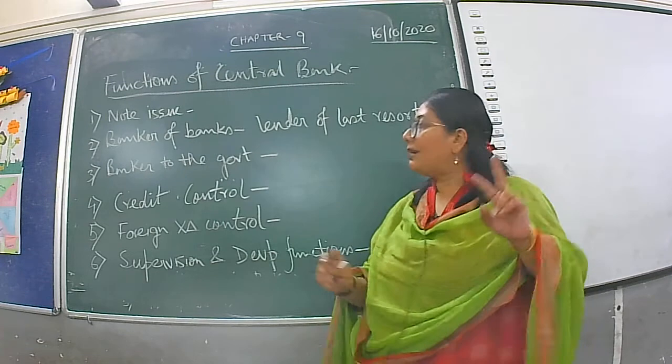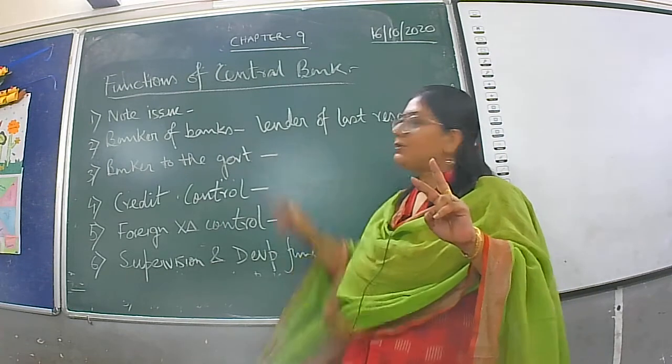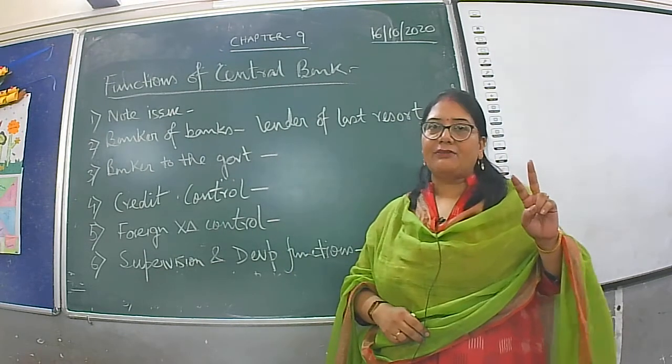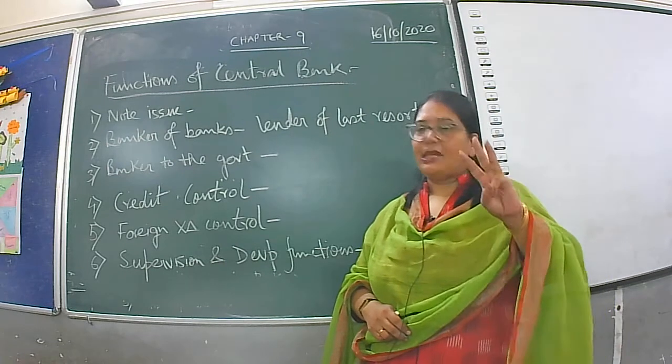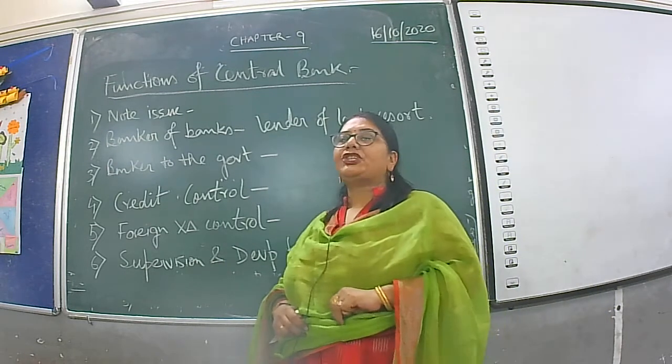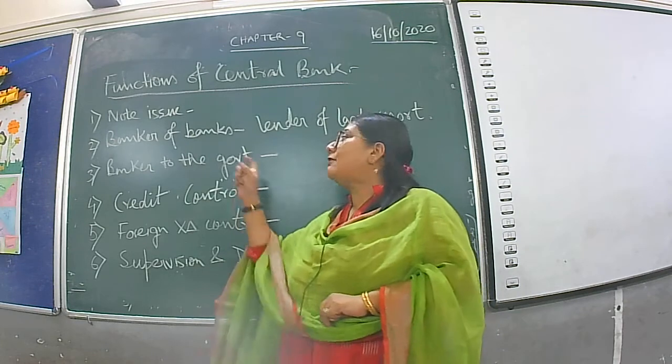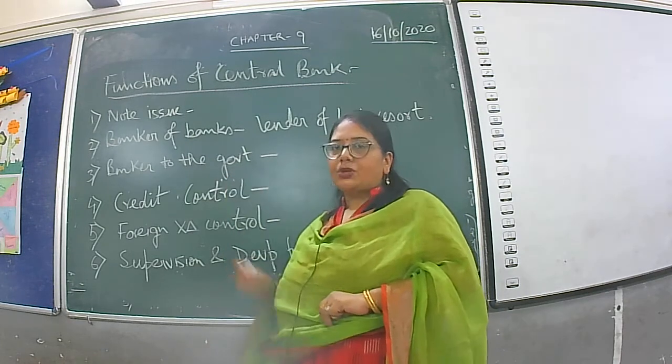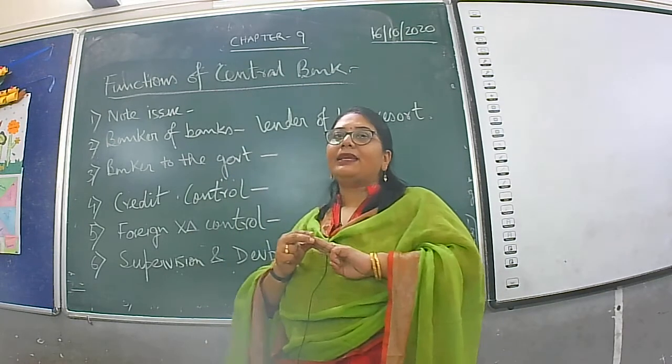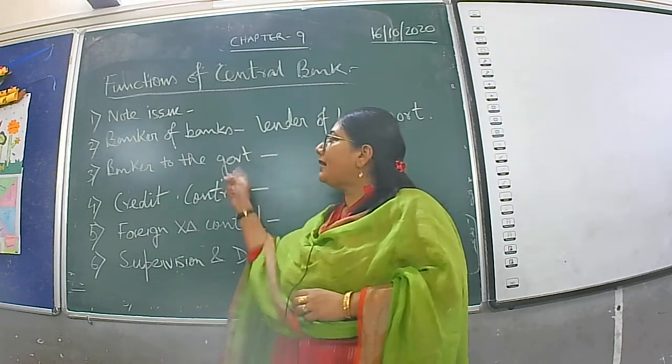Number one. Number two, it keeps all the cash reserves of the government. And number three, in case of any financial crisis, the central bank advises the government. So these three combined are known as the banker to the government.